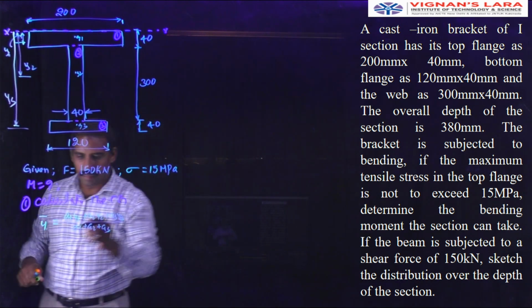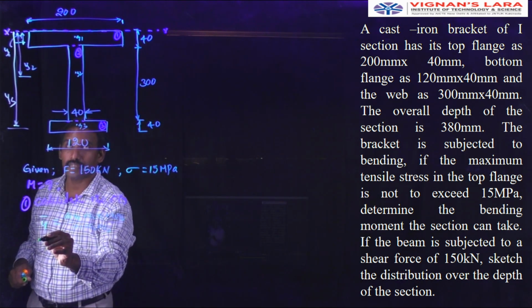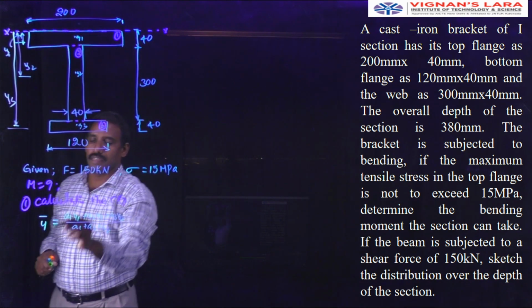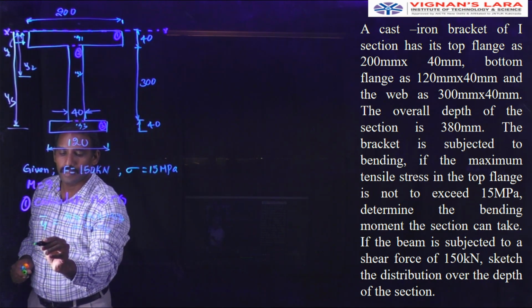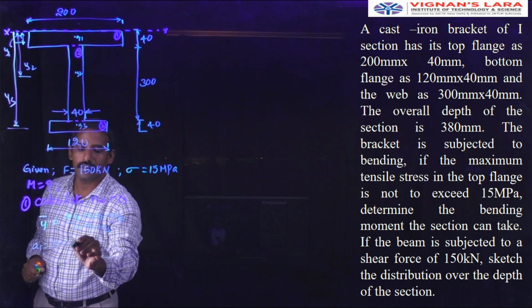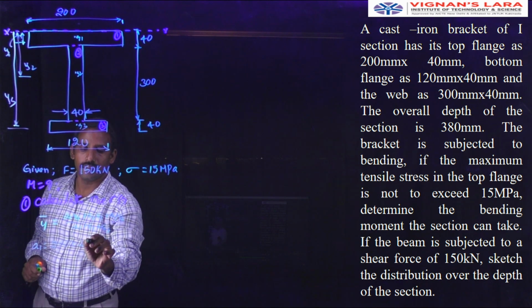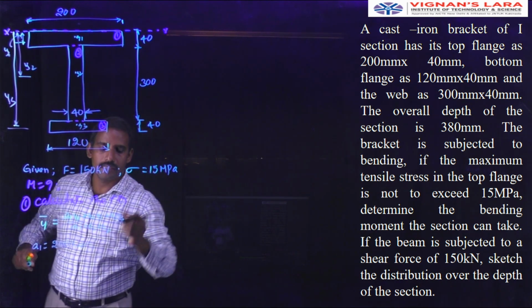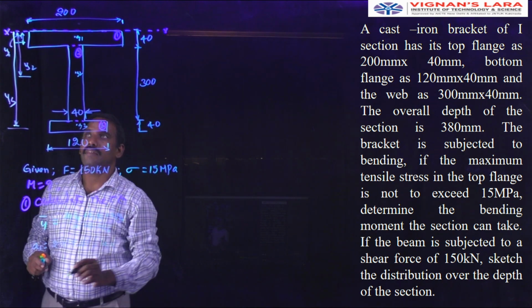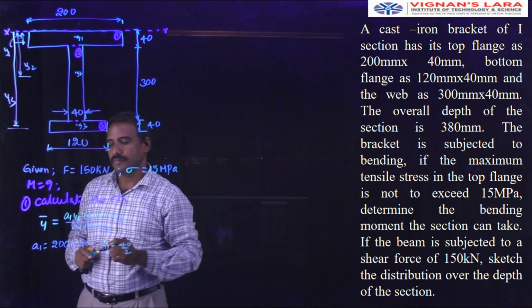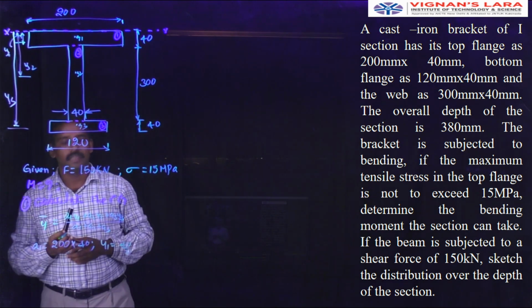Let us consider the first rectangle of dimensions 200 by 40. A1 is equal to 200 into 40. Then Y1 is 40 by 2, that is 20. Next, coming to the second one.